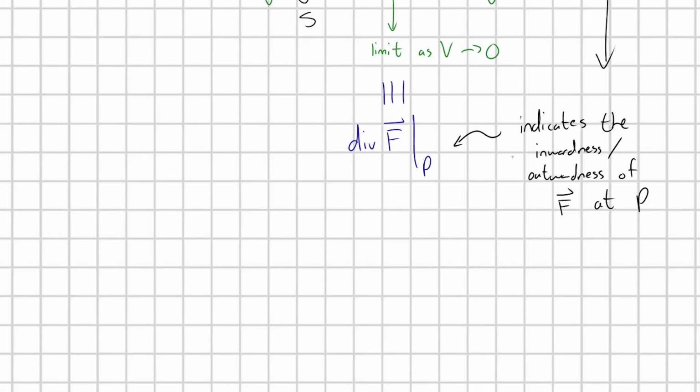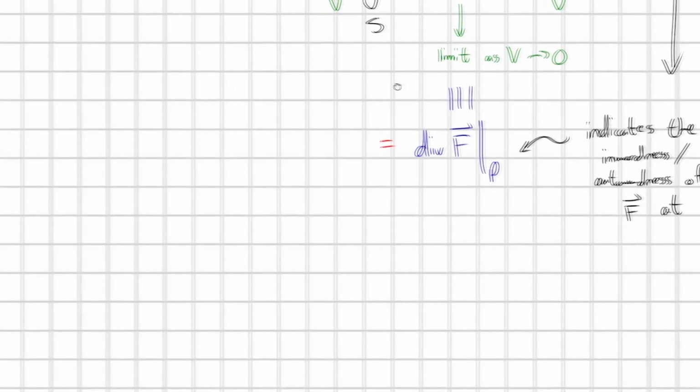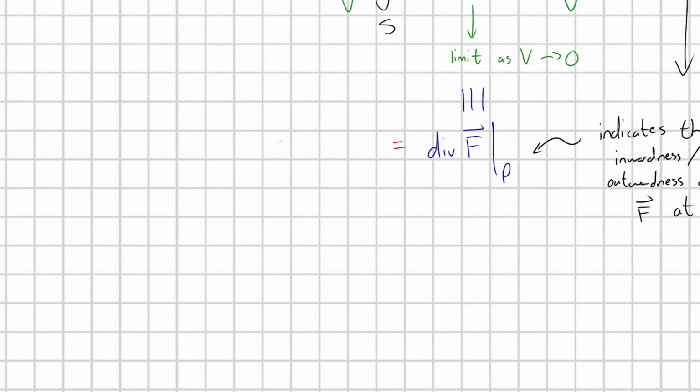And the way that we calculate this divergence, and I'm not going to prove this in this video, but it turns out that the dot product of the nabla operator with your field F gives you the divergence of F. This is a really important connection to make.